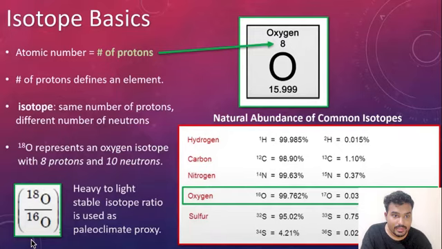Now if you decrease O16, the relative proportion of O18 will increase in the ocean, because you are removing O16 from the ocean. So the proportion of O18 will increase. That simply means the 18 to 16 ratio is now positive because the numerator is bigger and the denominator is smaller.